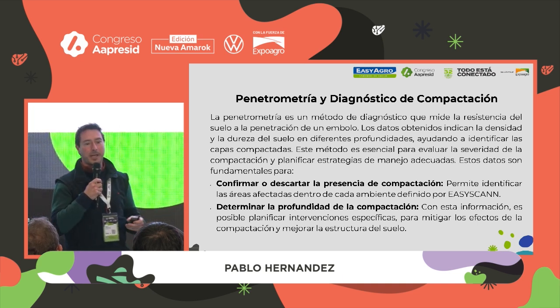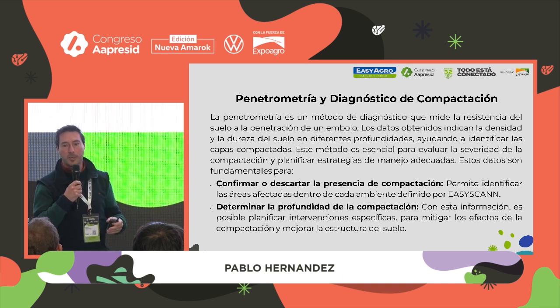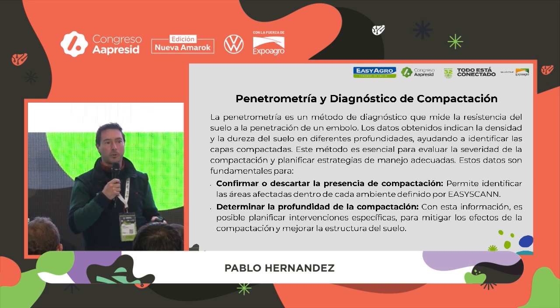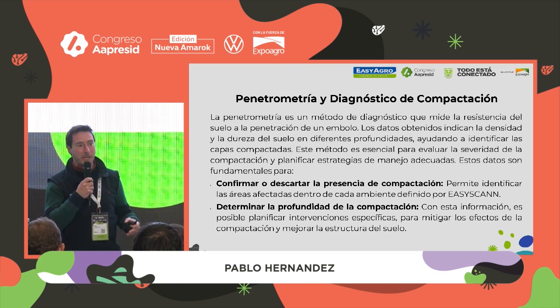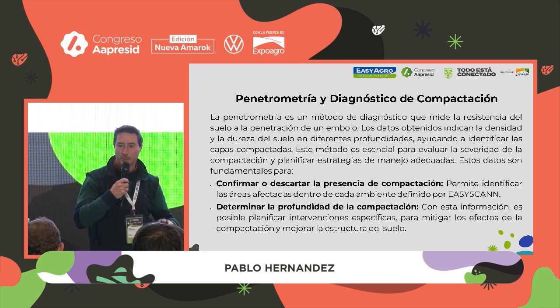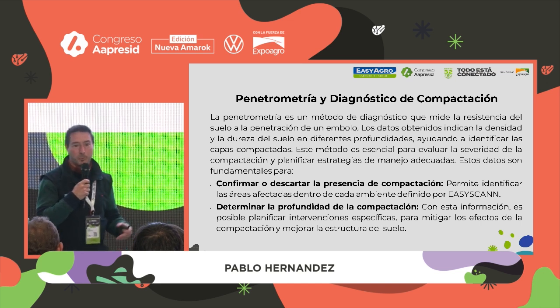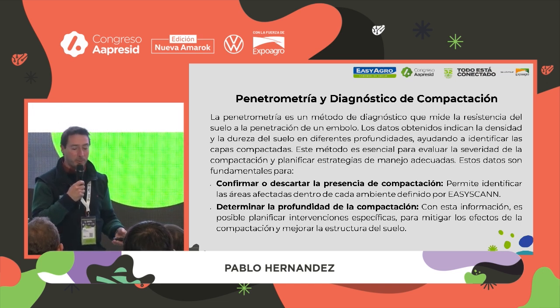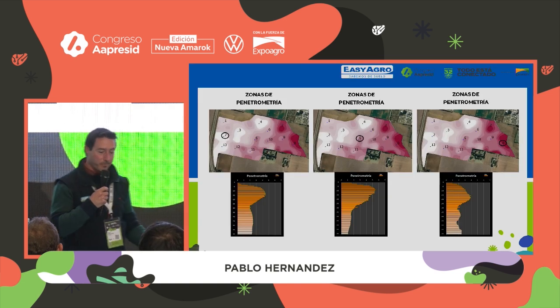When a soil has more than 2 megapascals of resistance, we are in the presence of compacting, and that would determine that roots don't have enough strength to go through that layer. And therefore, if the roots can't go, the capacity for infiltration of water is less, the root capacity is less, and the final result that we will get will be less.